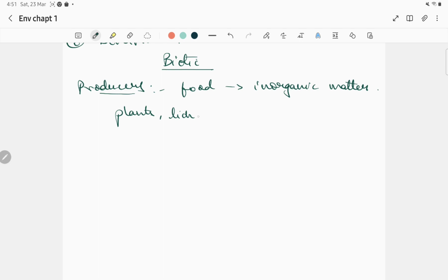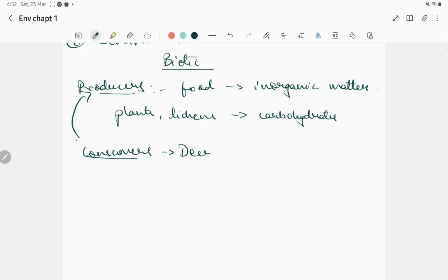They convert water, sunlight, and carbon dioxide into carbohydrates. Consumers feed on producers. Examples: deer, bear. We human beings also.